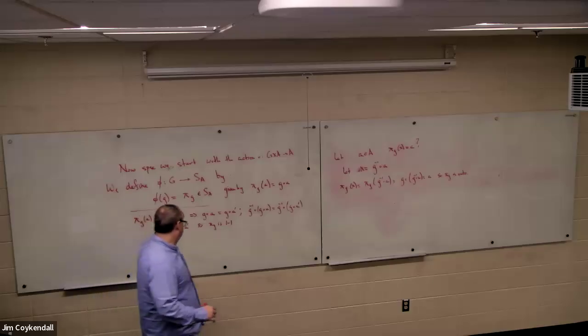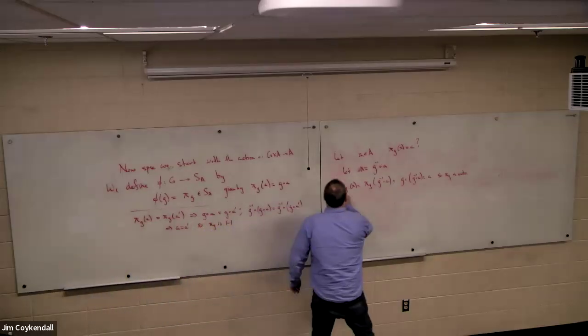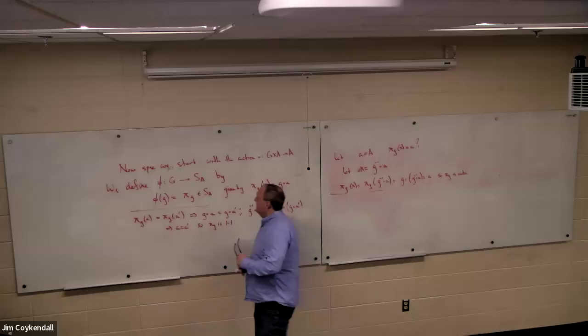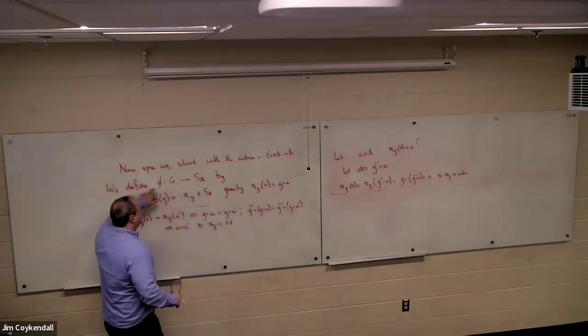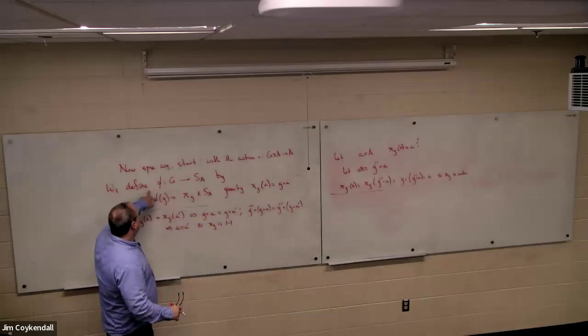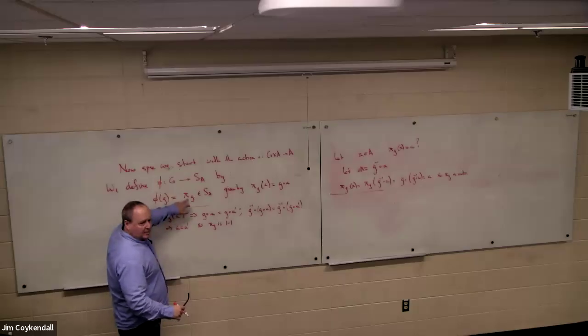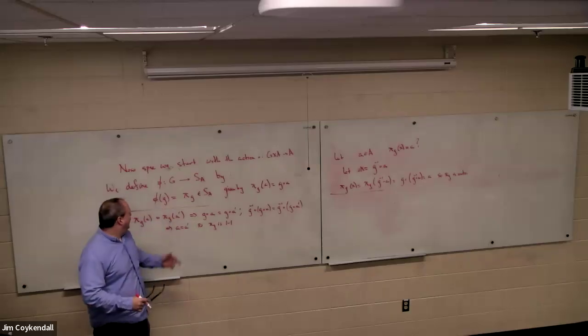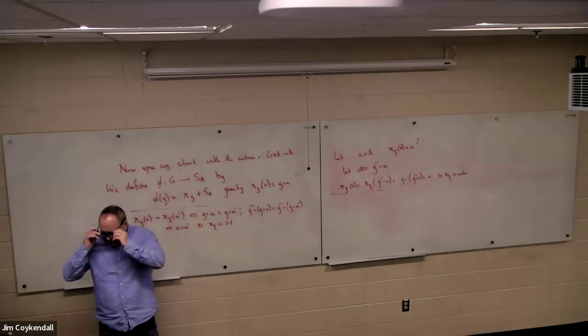Let me also point out, I need to show, so what I've shown is that the output makes sense. The output is indeed a permutation. I need to show that this is a homomorphism, right? I did claim that phi is a homomorphism.